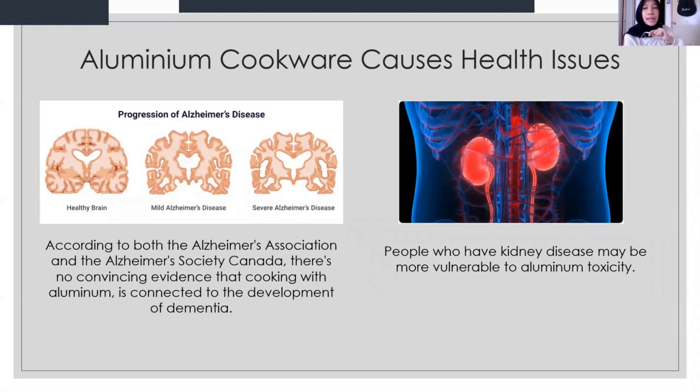Lastly, aluminium cookware can cause health issues. According to both the Alzheimer's Association and the Alzheimer's Society of Canada, there is no convincing evidence that cooking with aluminium is connected to the development of dementia, and people who have kidney disease may be more vulnerable to aluminium toxicity.